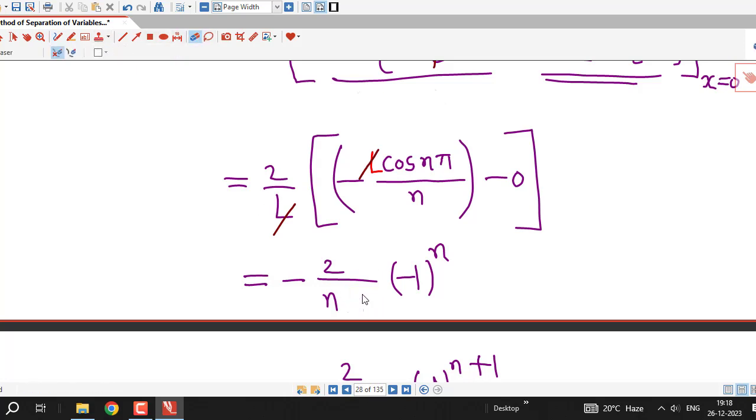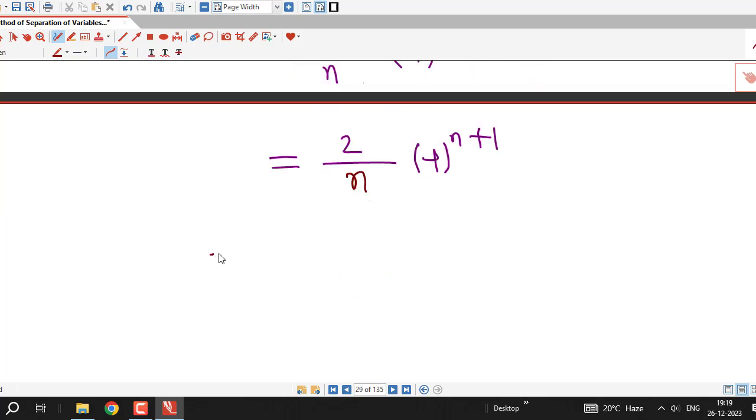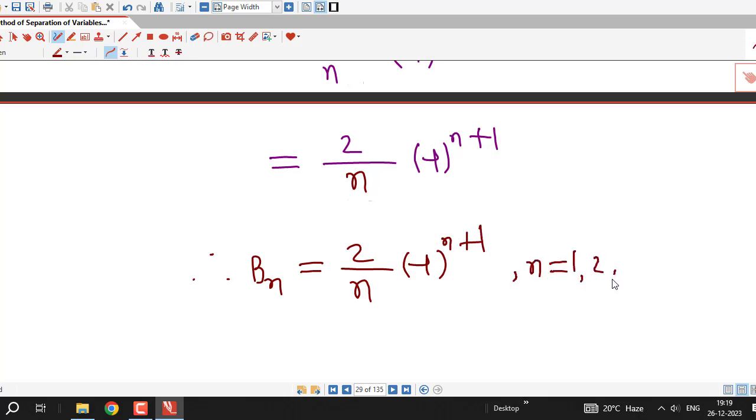This is minus 2 by n minus 1 raised to n, or we can say that minus 1 raised to n plus 1 into 2 by n. This is my Bn. Therefore Bn becomes 2 by n times minus 1 raised to n plus 1, n equal to 1, 2, 3 and so on.